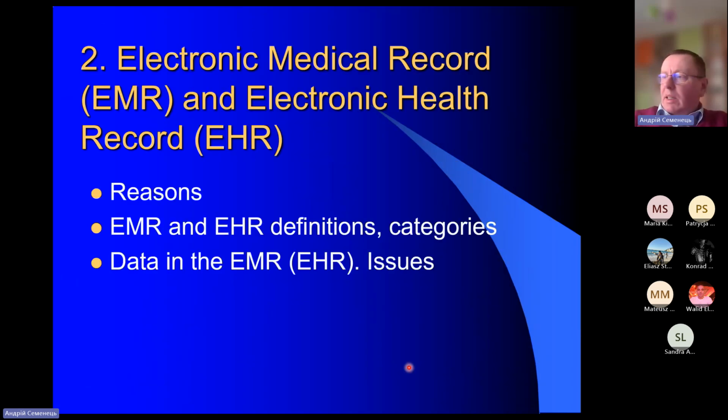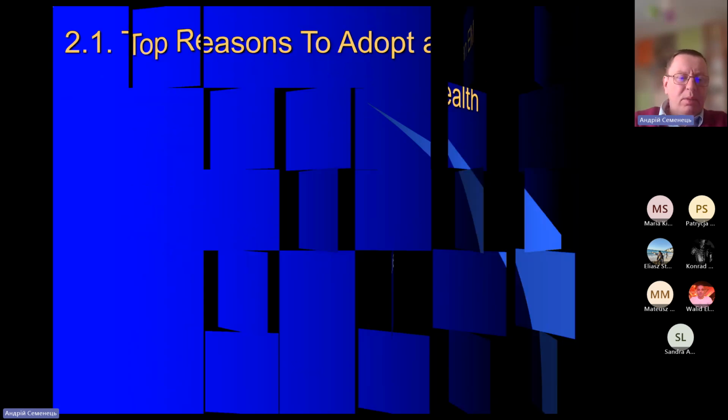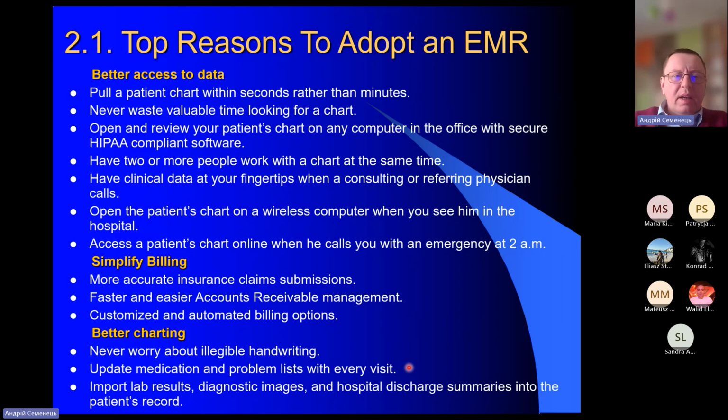As I already mentioned, for decades we have been moving to fully digital representation of medical care, because obviously it provides a number of benefits, like better access, instant availability of information, and the ability to combine different types of information, including all kinds of multimedia data and images.